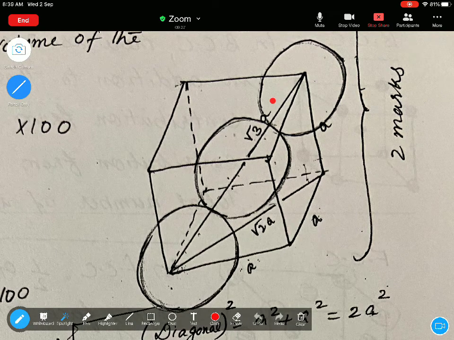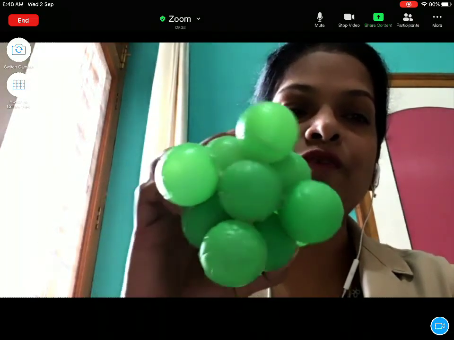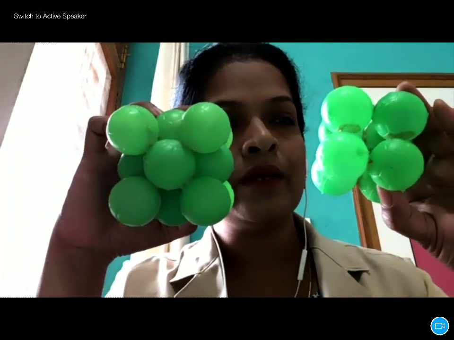Next we are going to the face-centered cube. This was a simple cube. In this simple cube, this is one face.